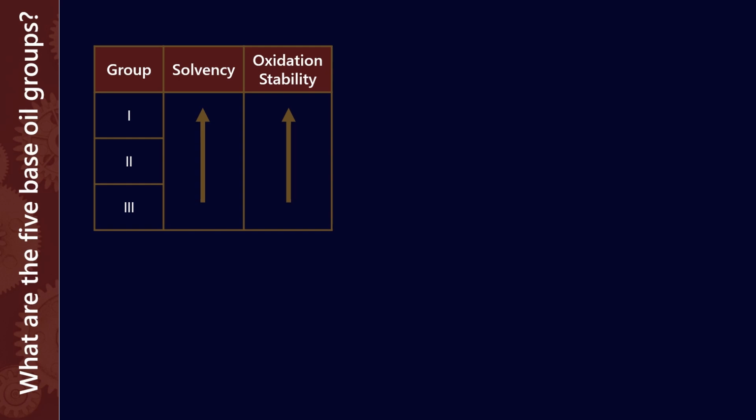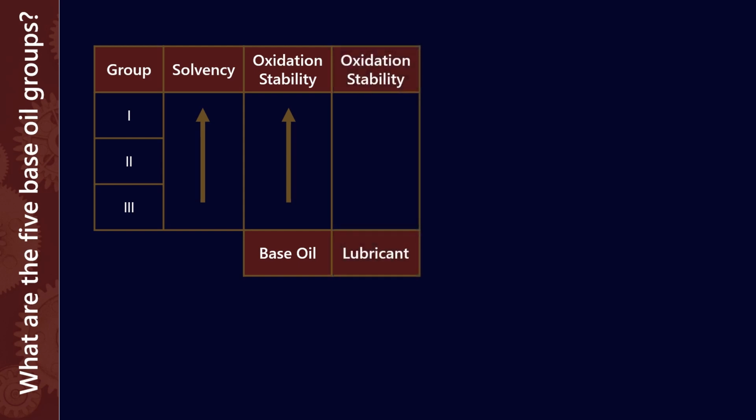And therefore, for the base oil at least, the group 1s are more inherently oxidatively stable. Now that probably goes contrary to everything that you've heard about your lubricants. You've probably heard that the group 3s are much more oxidatively stable than group 1s. And that is actually true of the finished lubricant.